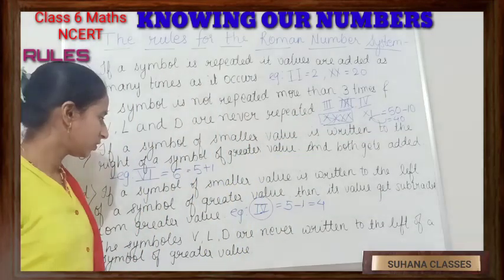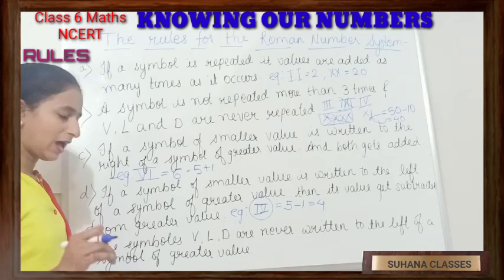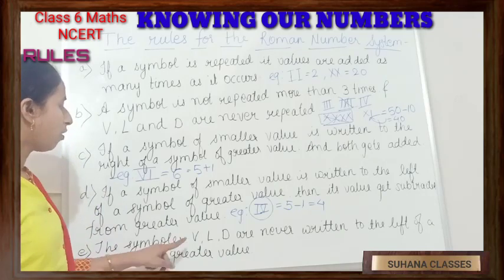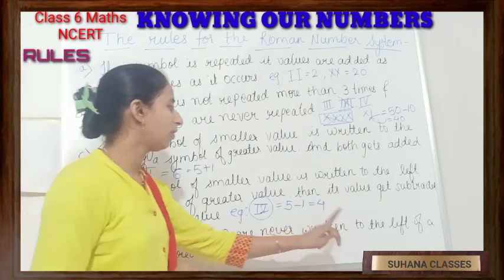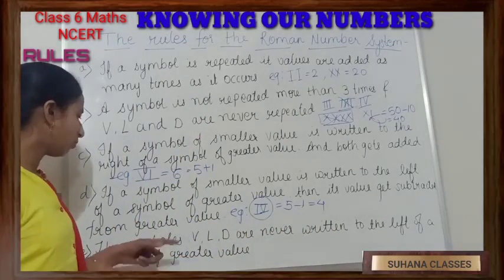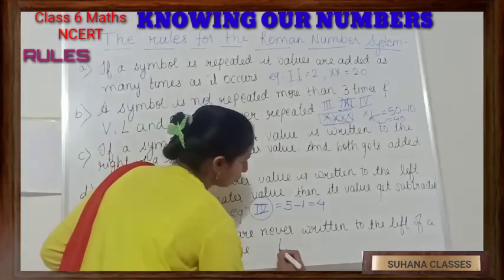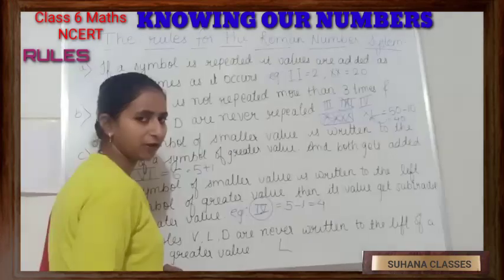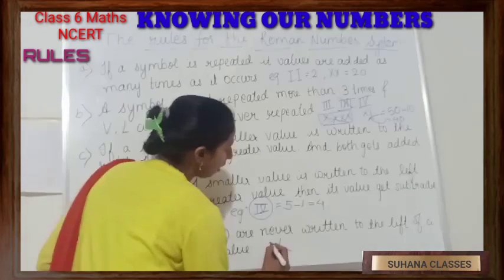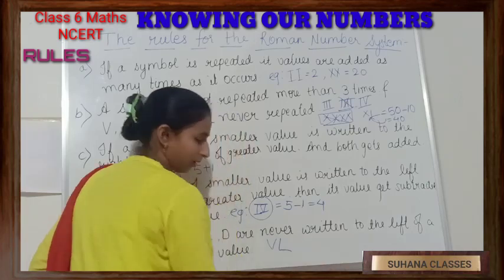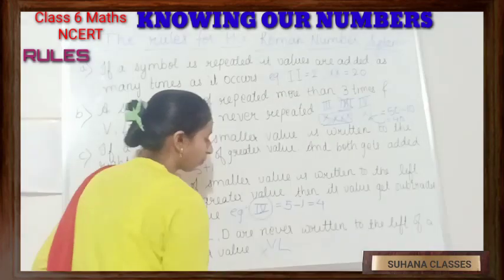Is it clear, students? And now our last rule: the symbols V, L, D are never written to the left of a symbol of greater value. Let's take an example for this also. L is my 50. L is my greater value. I can't write VL. This is the wrong way.